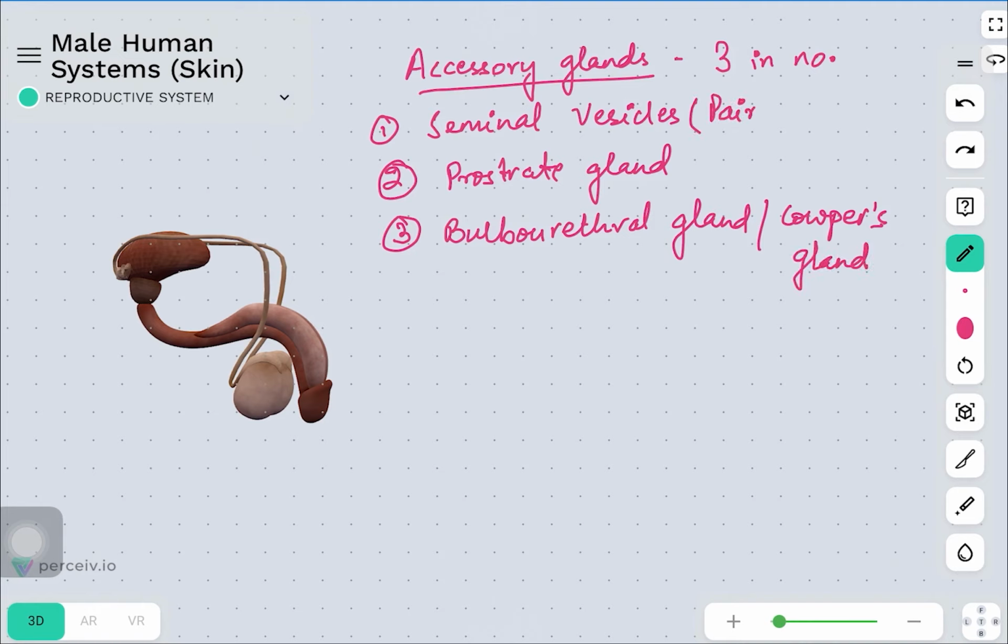Now the first and third glands are paired, while the second, the prostate gland, is unpaired.